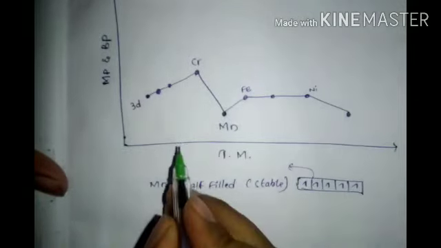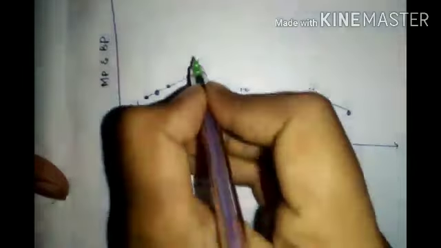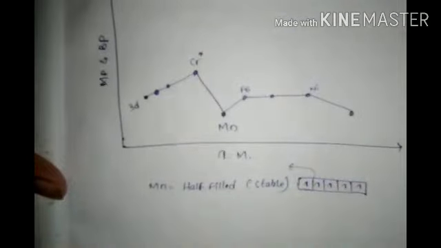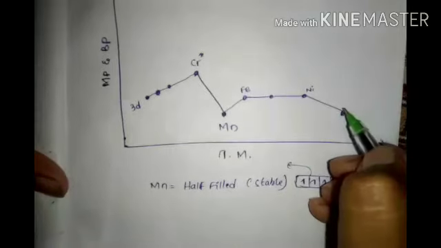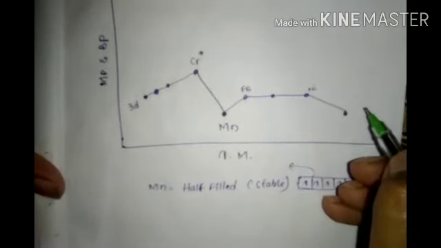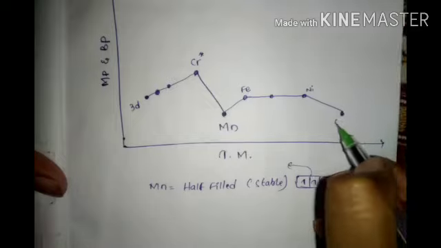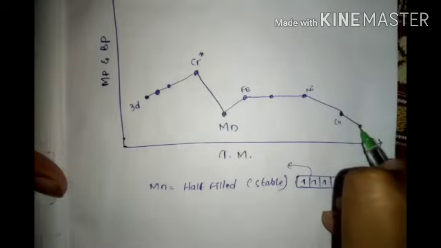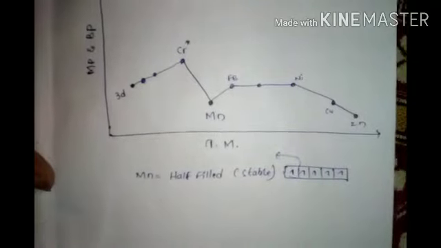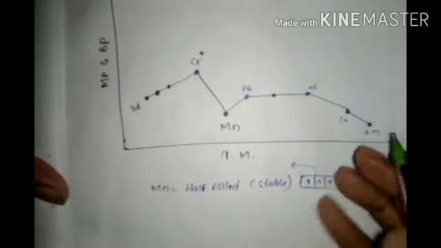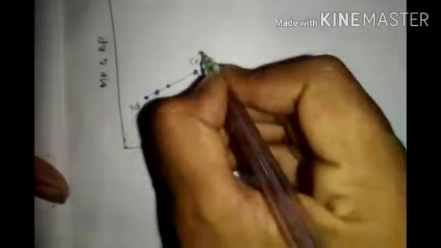Yesterday we marked chromium with a star symbol, and one more: copper. Nickel, copper, then zinc. See, copper we marked with a star symbol yesterday.